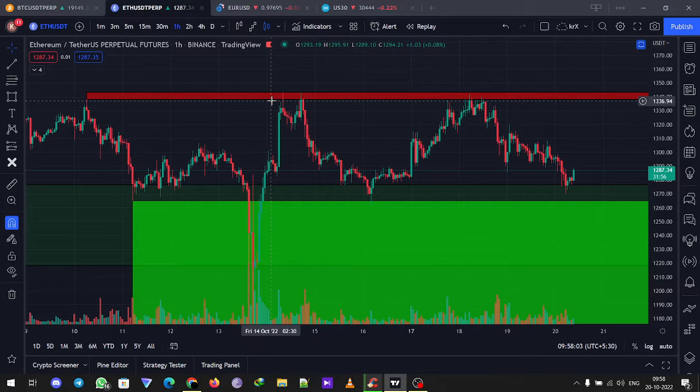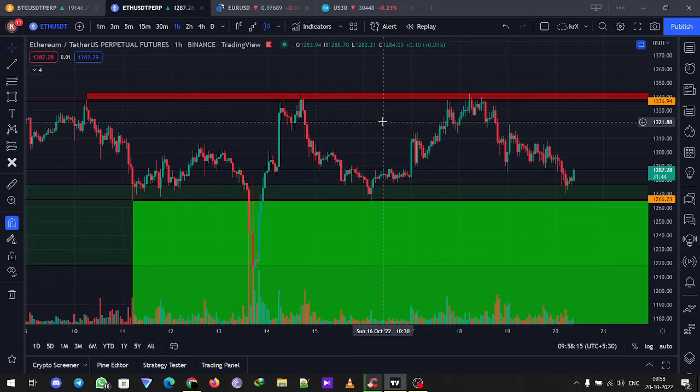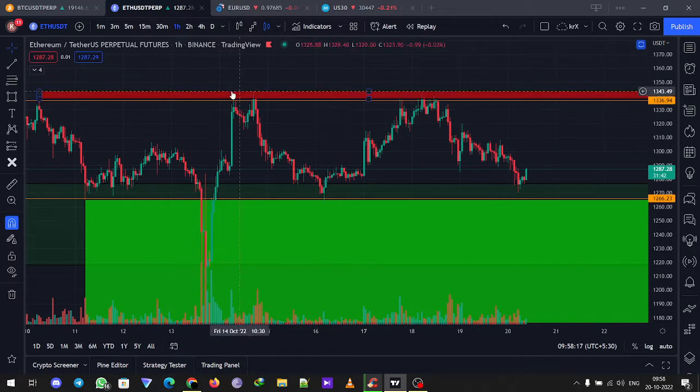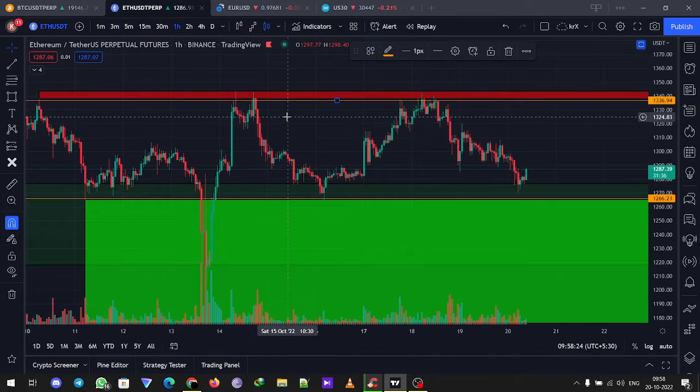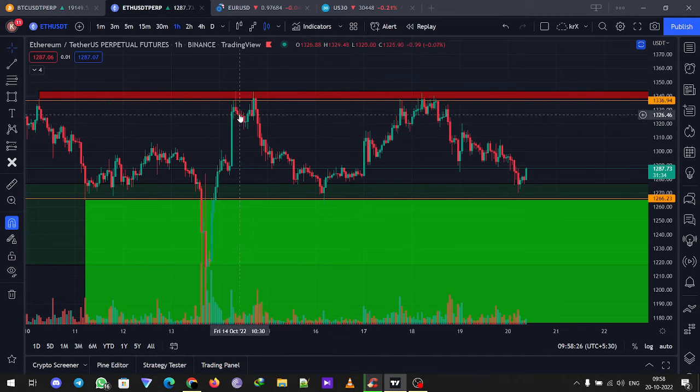So around this level, and we will buy from around this level. Slightly below the sell zone and slightly above the buy zone is always better. So after the market closes around here, we will place our limit order at this price level, and we see that the market hit our limit order and we entered into a short position.